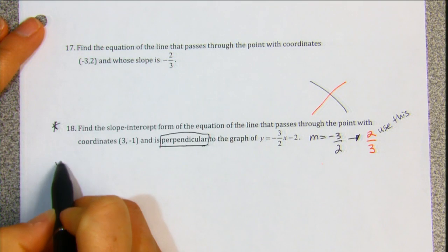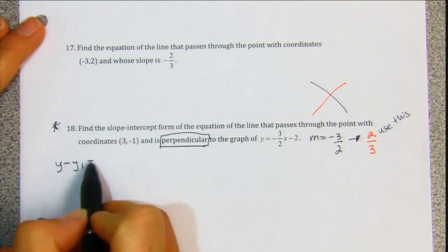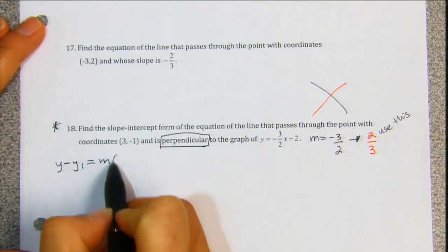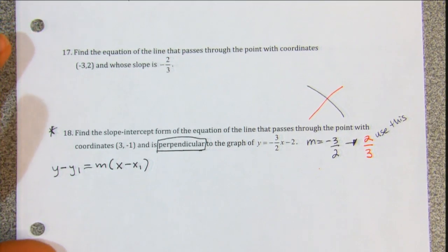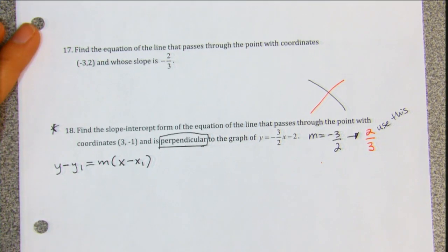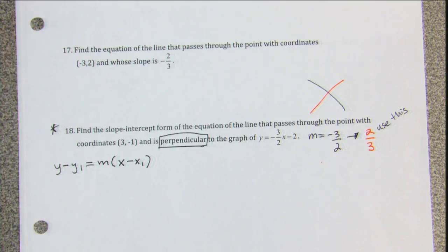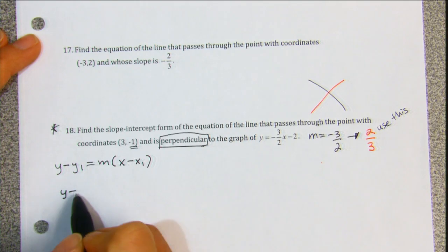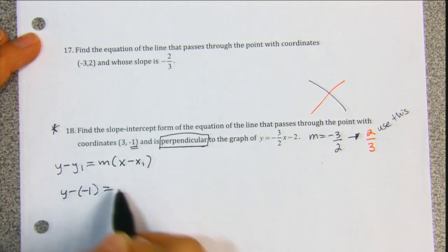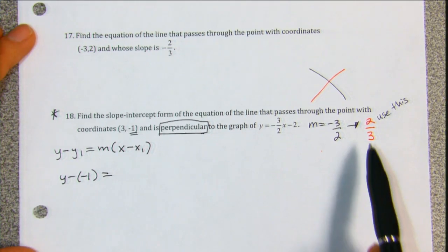So this is where you use the y minus your given y equals your slope times x minus your given x. So y minus my given y, which is -1, equals my slope.